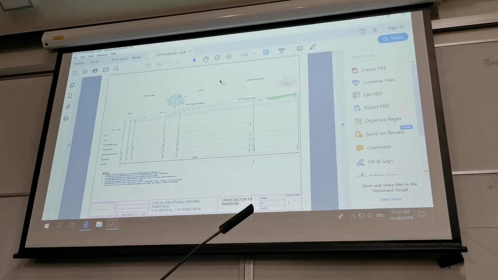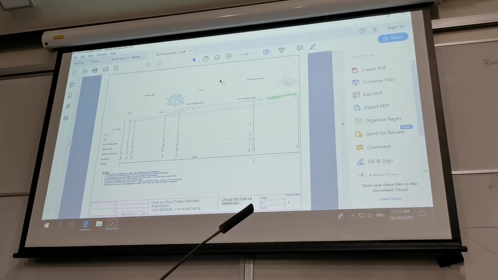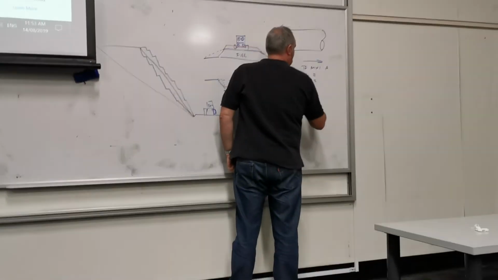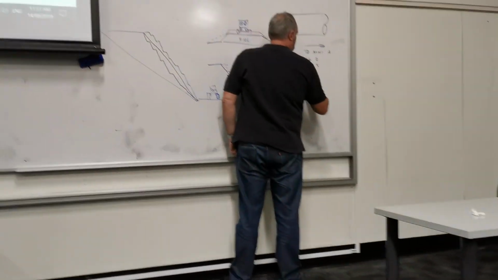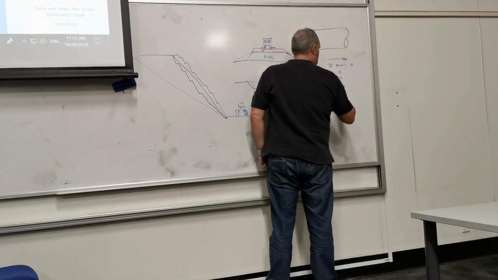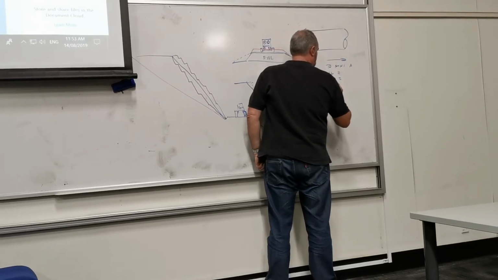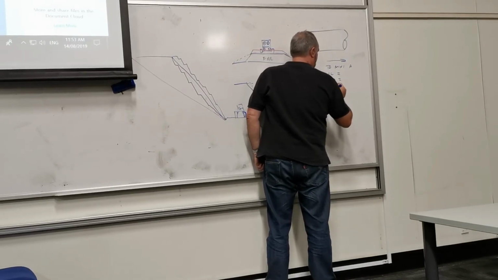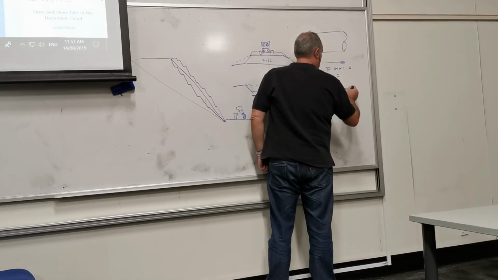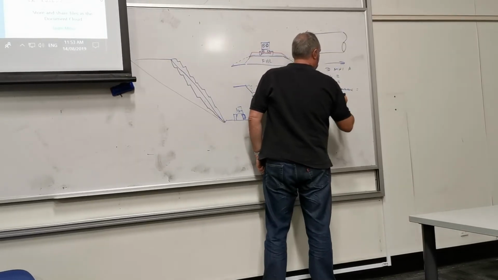What the student didn't do is say to manhole 1 or A, invert level equals, lid level equals, bottom, what else we got? Bottom of manhole equals.